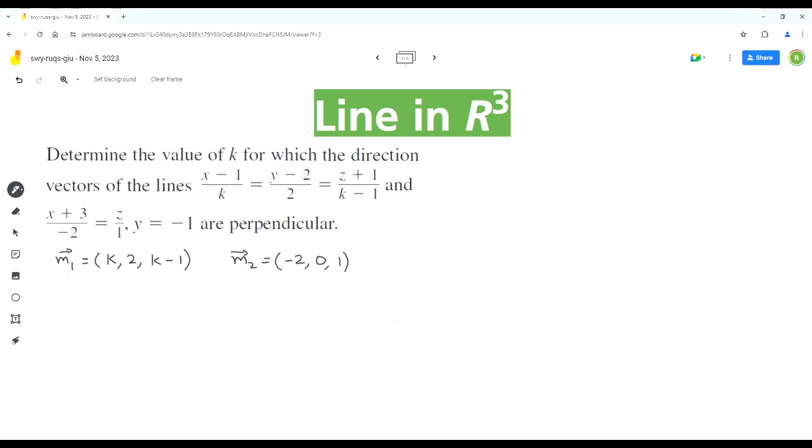Now we have to find the value of k that will make these direction vectors perpendicular. And we know that for perpendicular vectors, the dot product is equal to 0. So we'll use this concept to find the value of k.